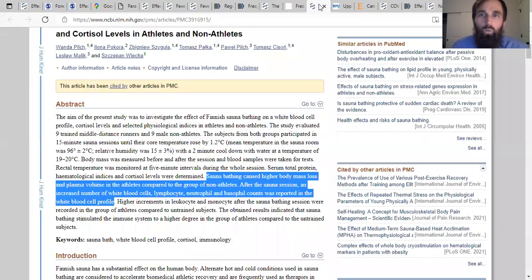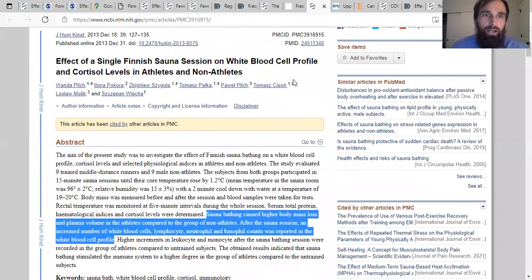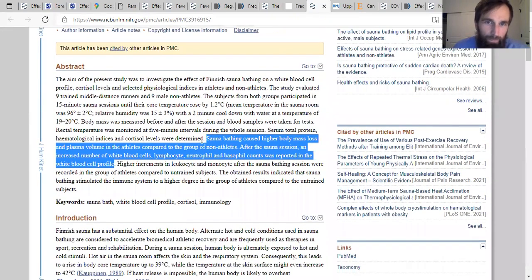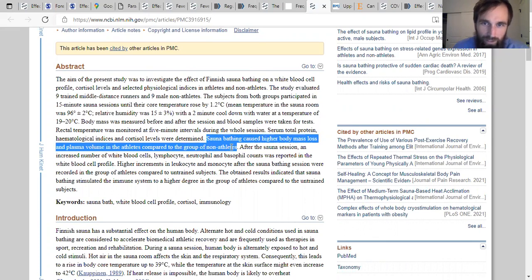So we'll move on, talk a little bit about one more: Finnish sauna on white blood cell profile and cortisol levels in non-athletes. We'll just look at this part. Sauna bathing caused higher body mass loss and plasma volume in athletes compared to the group of non-athletes.